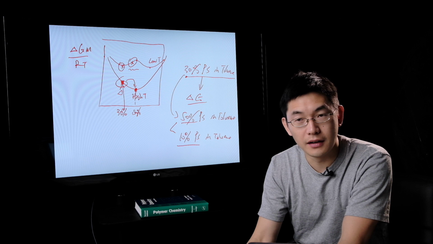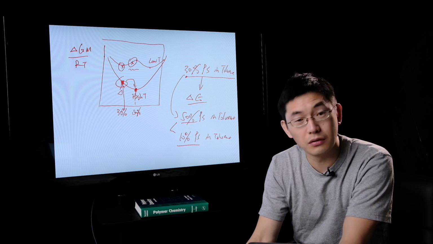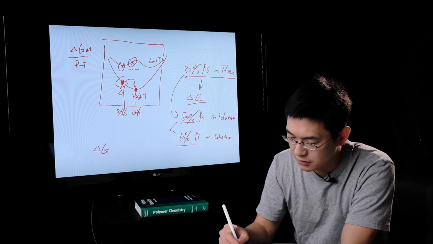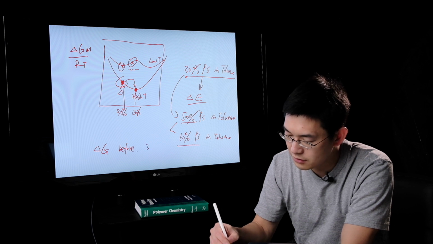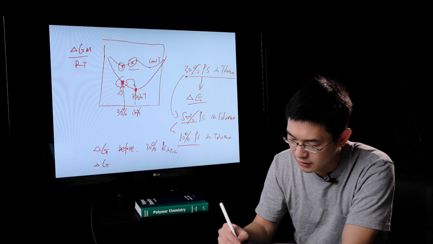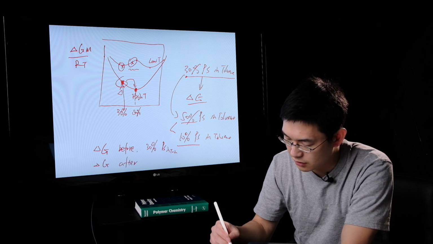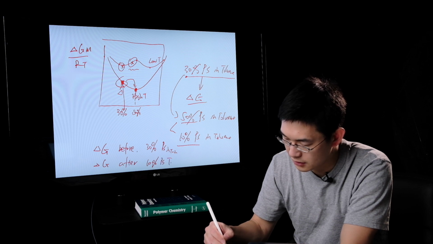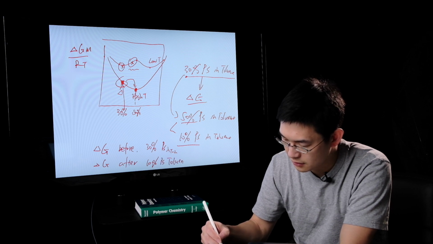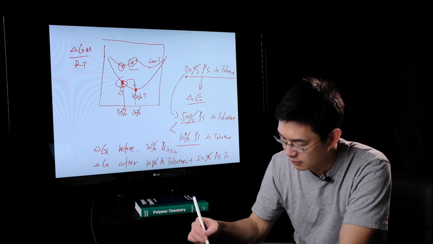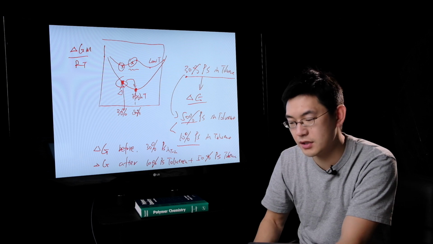And now, Brian and all the classmates, what you need to compare is the delta G. Before, it is 30% PS in toluene, and after, it is a linear combination of 10% in toluene and 50% in toluene. So we need to compare these two.